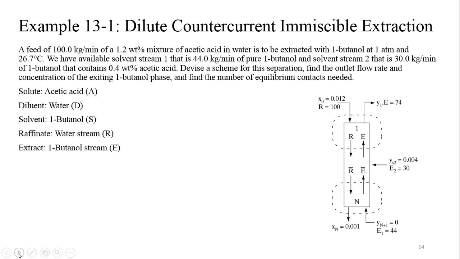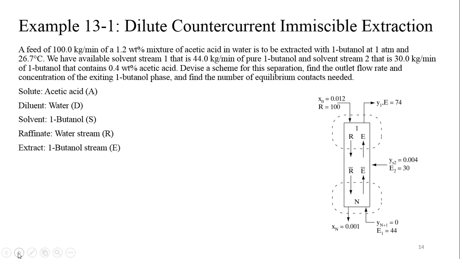Another scenario would be to take the 2 solvent streams that we have and mix them together. That's going to dilute the acetic acid down further, but it's going to limit the lowest amount of acetic acid that we might be able to achieve with this system, right? Because that stream already has a certain amount in it coming in. Or we can realize what's actually going on in the separation equipment.